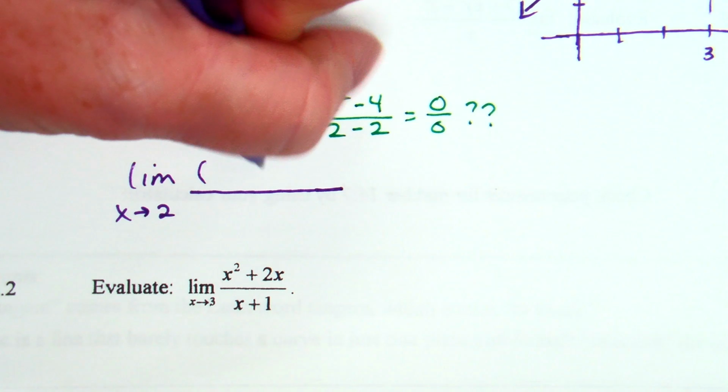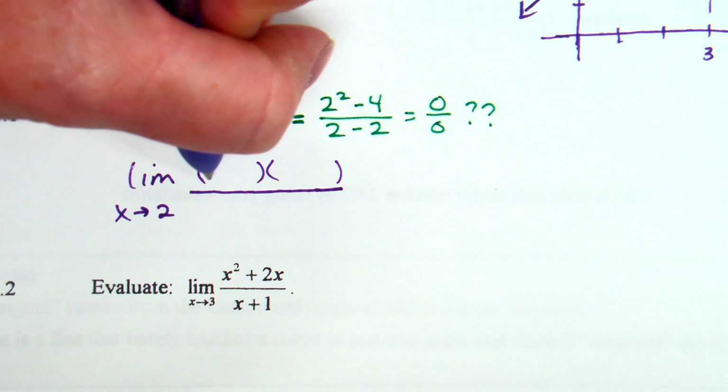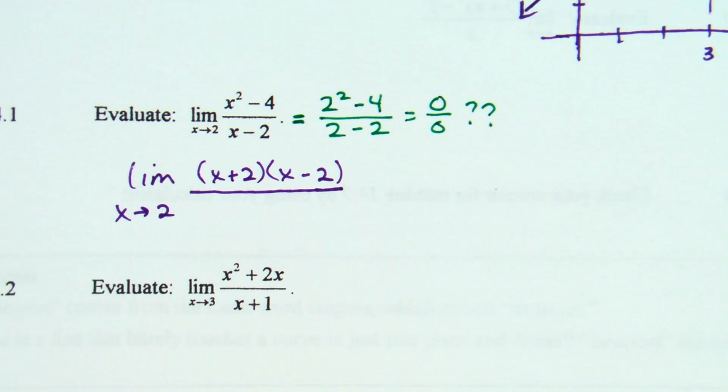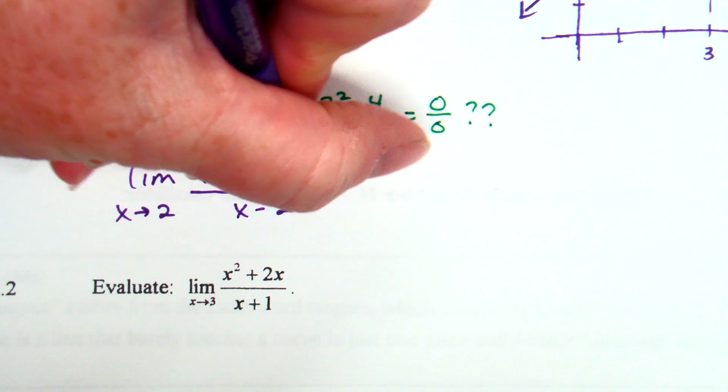X squared minus 4 breaks into 2 parentheses. Yep, an x plus 2 and an x minus 2. Does that sound familiar? Obviously, I expect you to know that for calculus, but this is your reminder as we get back into the math, right? If you haven't done it since last year, there's your reminder. Denominator is x minus 2. Oh, what do you notice?